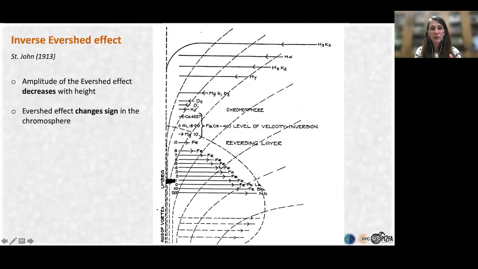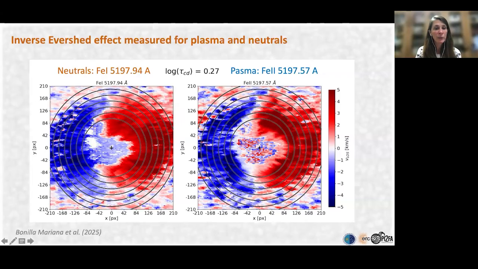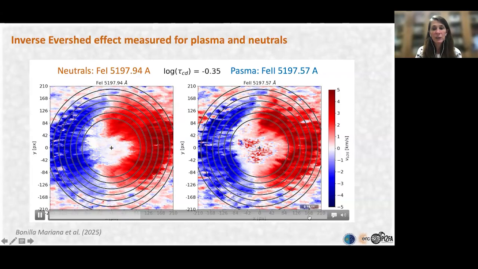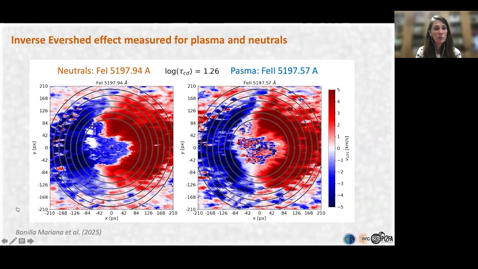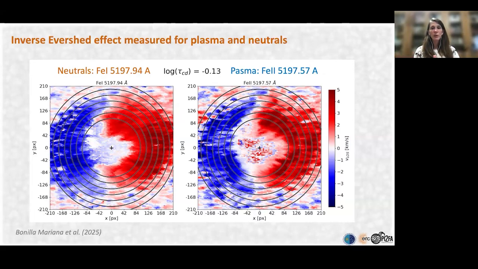We wanted to measure this Evershed effect, but now using lines of neutral and ionized elements. And for that, again, we designed a specific observing campaign where we targeted, I can stop the movie, a very nice sunspot located near the solar limb, so we can measure this outflow precisely.